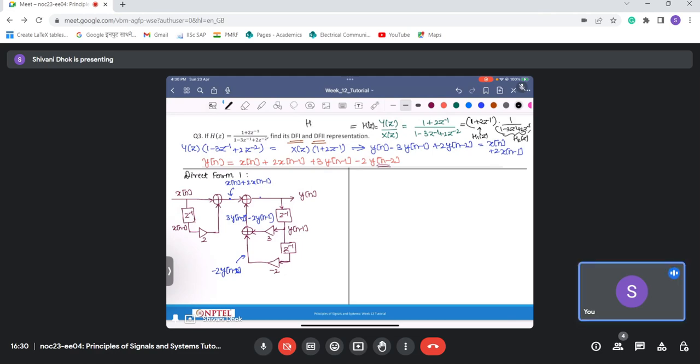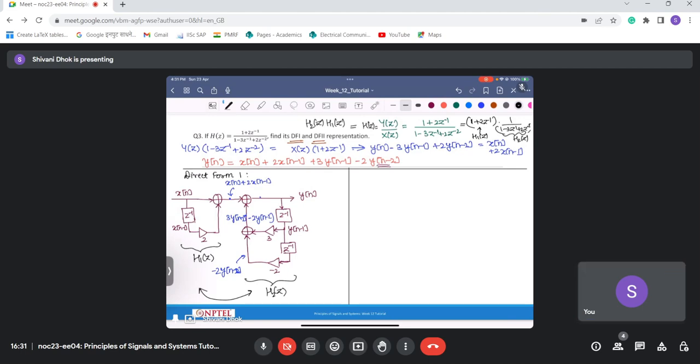This I can also write as H2(z) into H1(z). Right now this part is H1 and this part is H2. Now instead, I'll first construct H2(z) and then cascade it with H1(z). So basically I'll interchange these two.